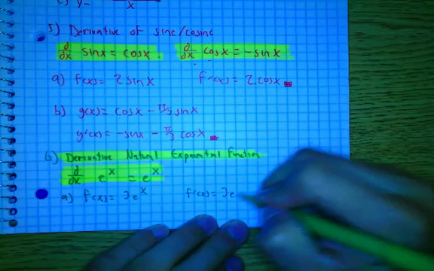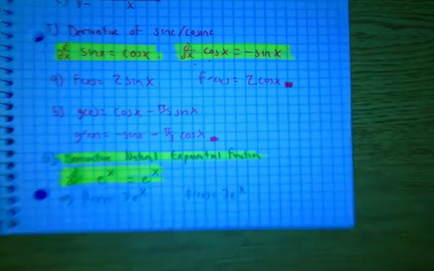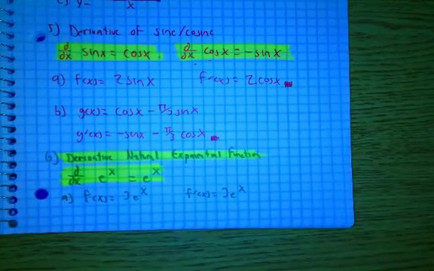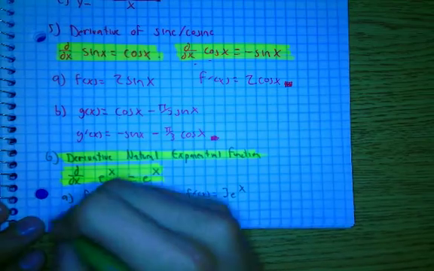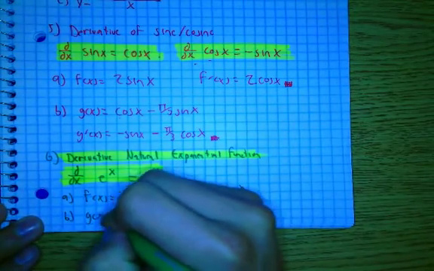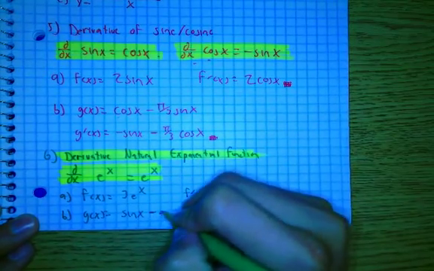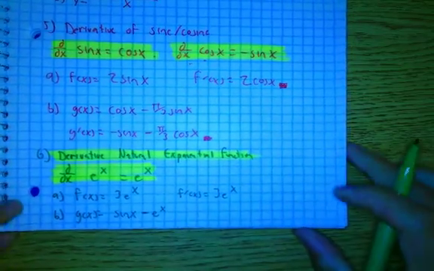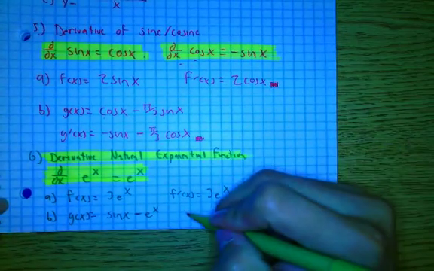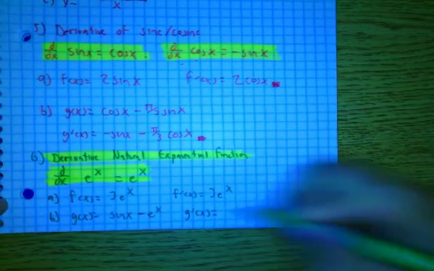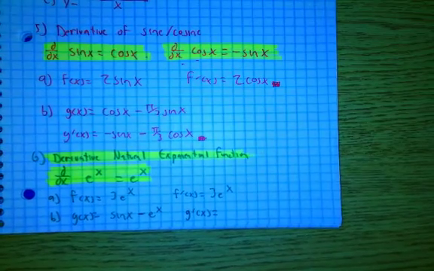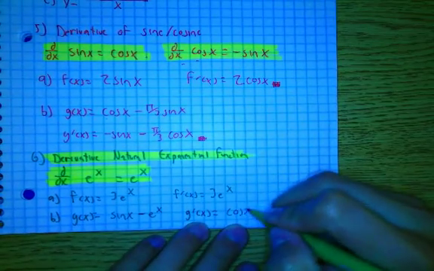Okay? Let's try another one. So part B, g of x equals sine x minus e to the x power. What would be g prime? Cosine x minus e to the x.